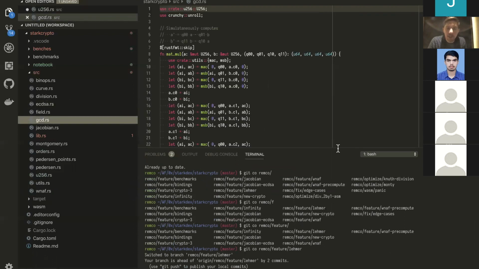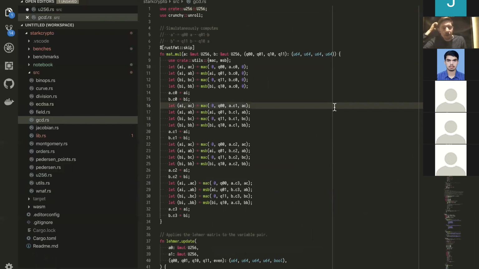Lehmer's GCD algorithm. This is the state-of-the-art way to do GCD computations in large numbers, and by extension, it is also the fastest way to invert, sorry, to invert numbers modulo a large prime.